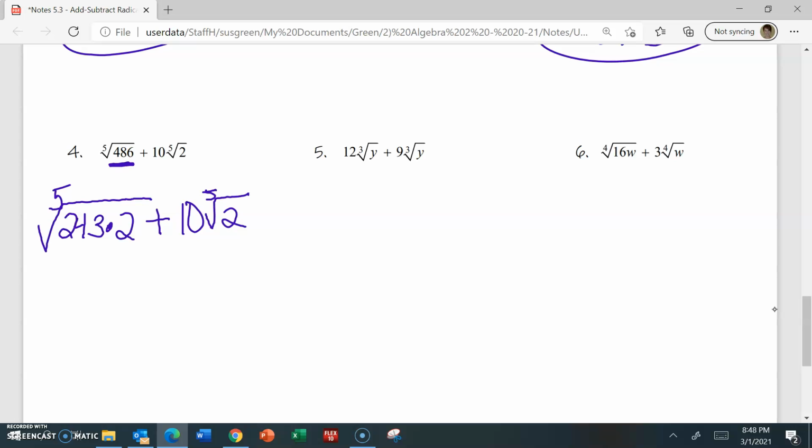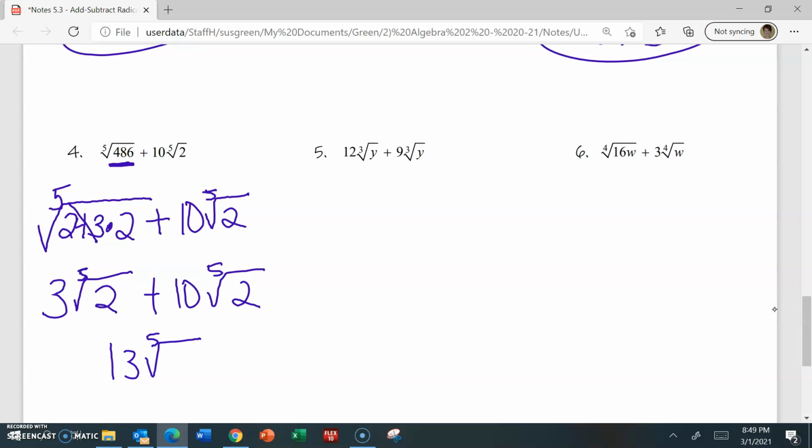So the fifth root of 243 is 3. So we have 3 times the fifth root of 2 plus 10 fifth root 2. And if you can add those up, which you can, that gives you 13 times the fifth root of 2, and you're done.